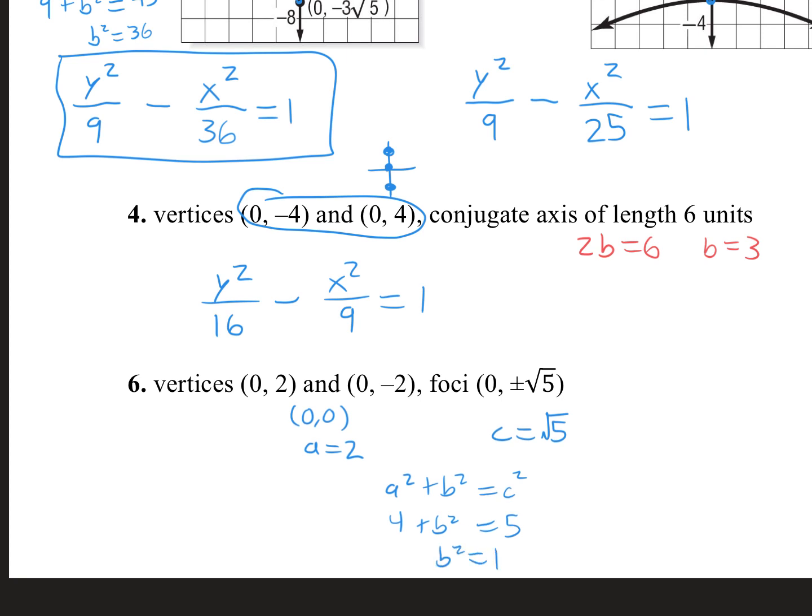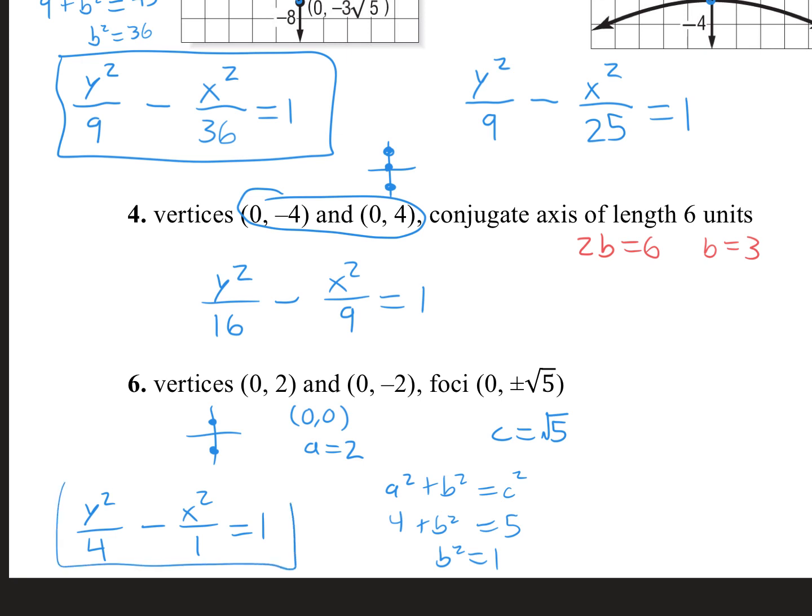All right, those two vertices, 0, 2 and 0, negative 2, those are on top of each other, so this is another vertical. So we do y squared over something minus x squared equals 1. A was 2, so a squared is 4. B squared was 1.